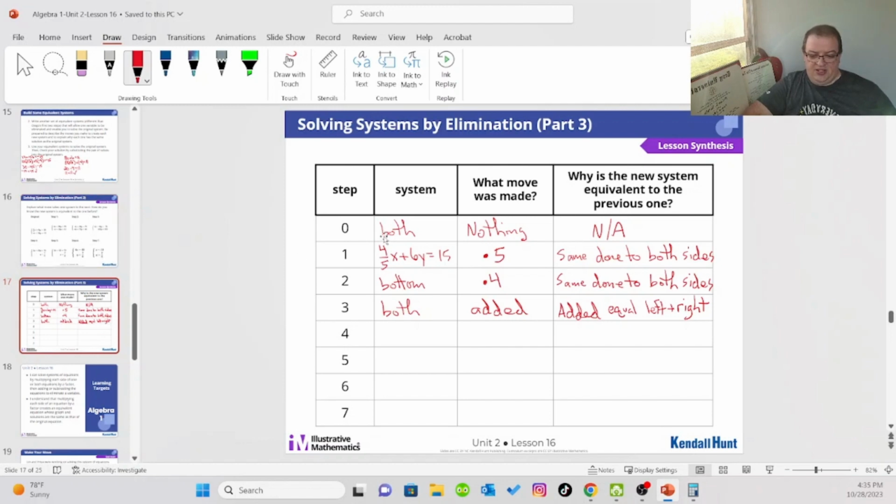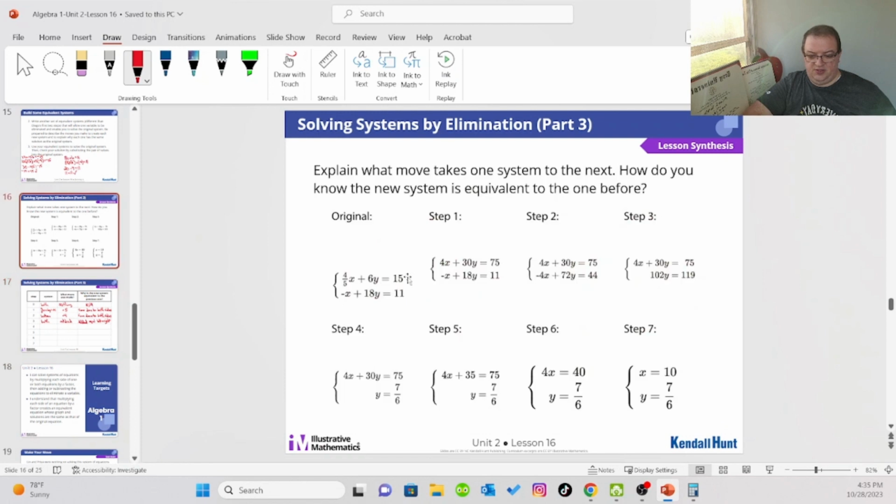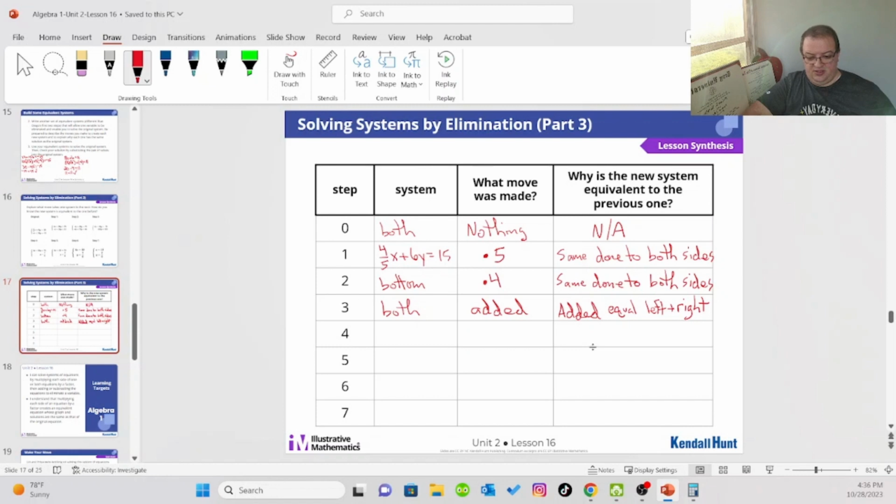Next, to go from 3 to 4, we can see that we divided the bottom by 102 on both sides. So this is the bottom divided by 102, and the same was done to both sides.